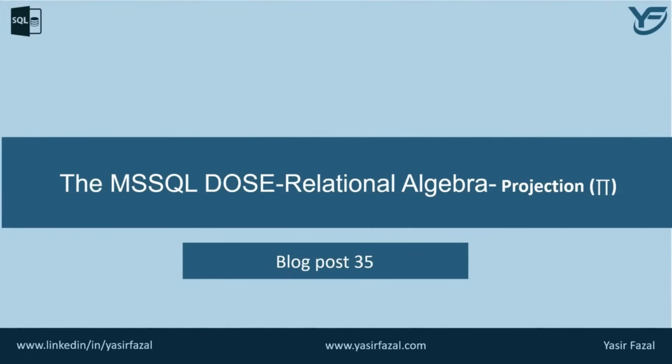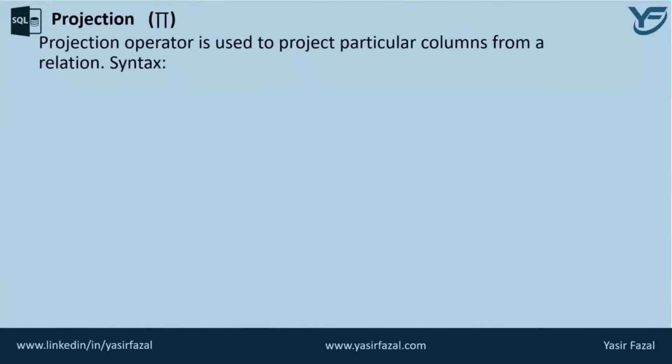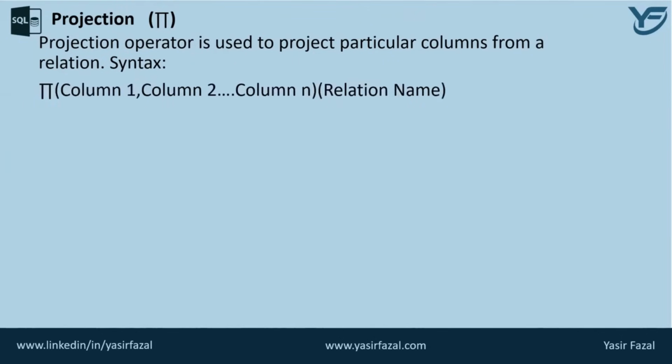And in this blog post, I'm going to discuss the projection pi in relational algebra. So let us start. When we talk about projection, it means that we need to extract columns from a certain relation. How do we write the projection statement? The basic syntax is very simple.